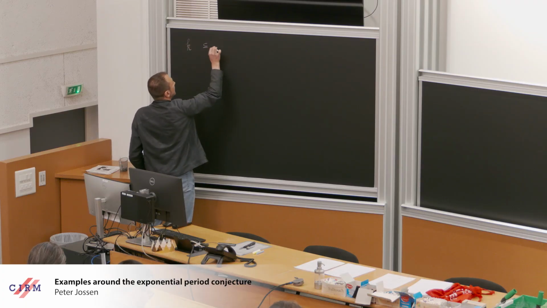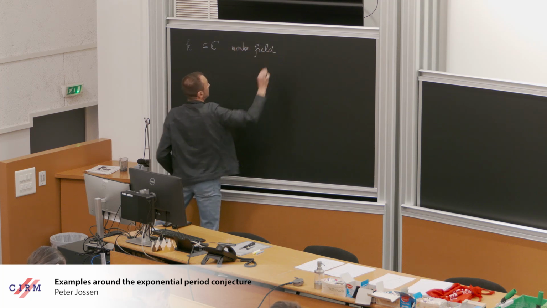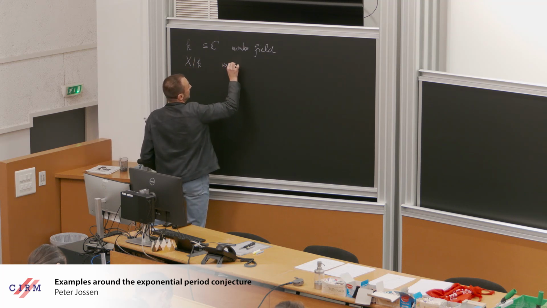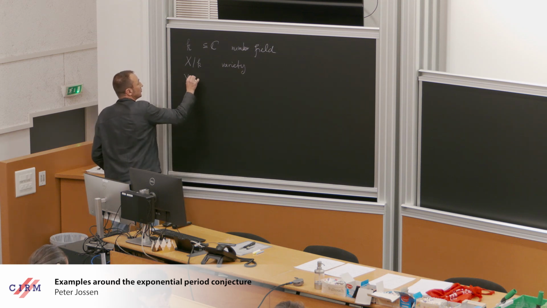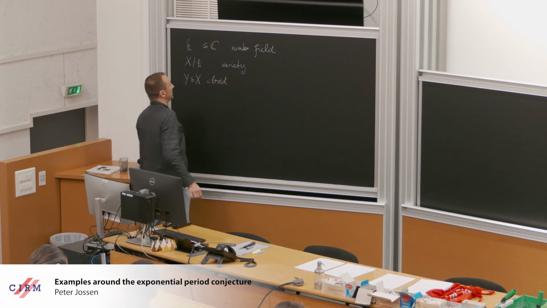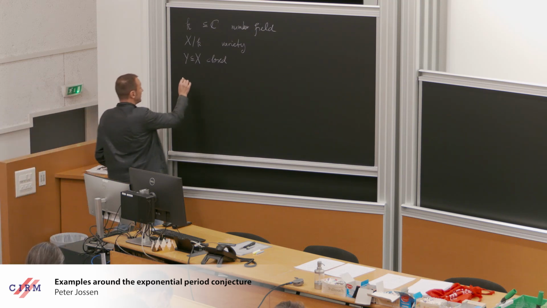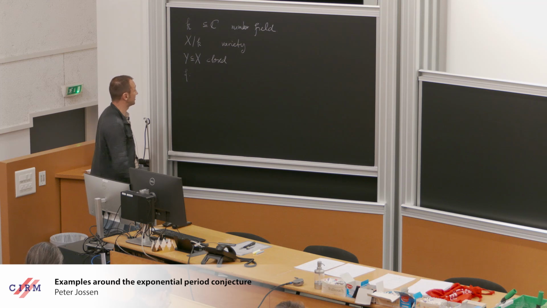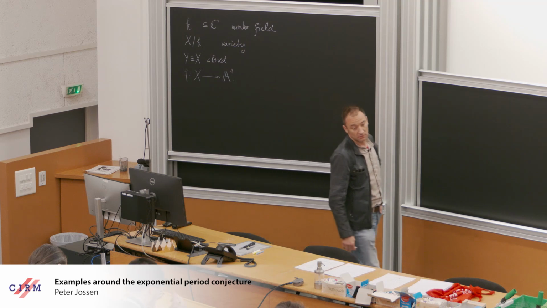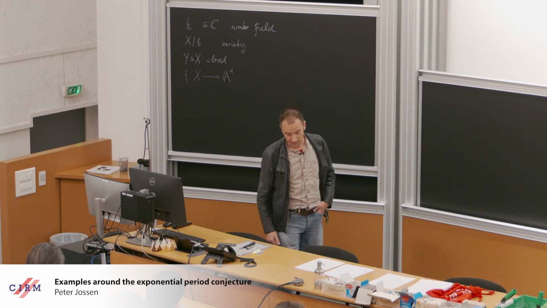Inside the complex numbers is some number field K. And then I need some algebraic variety over K. Usually I will also choose some closed subvariety Y inside X. And then what makes the periods exponential periods is the choice of a regular function on X. So you can think of it as a morphism of varieties from X to A1, or the global section of O_X, or whichever you like.